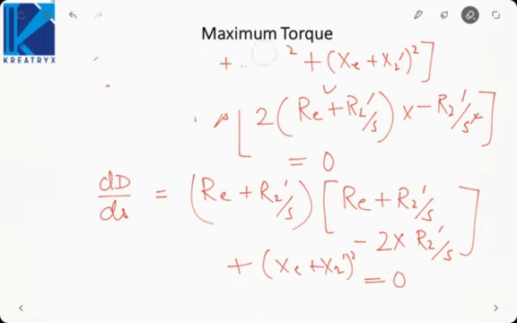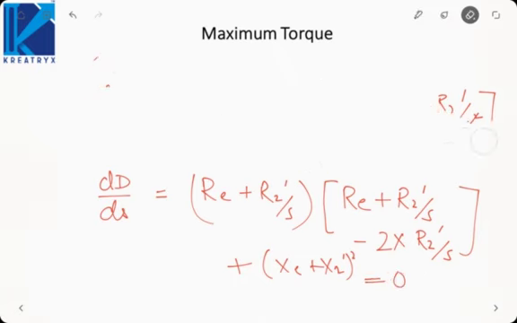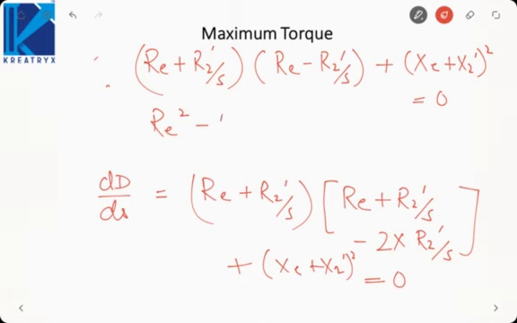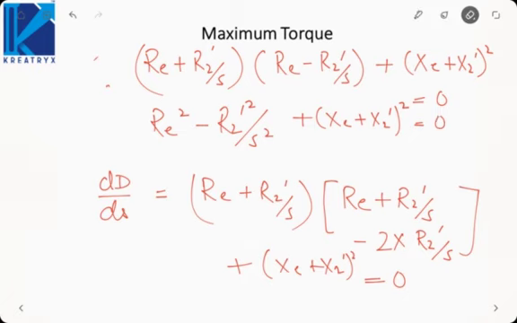So this will become (Re plus R2 dash by S) into (Re minus R2 dash by S) plus (Xe plus X2 dash) whole square. So this will be Re square minus R2 dash square by S square plus (Xe plus X2 dash) whole square is equal to 0.